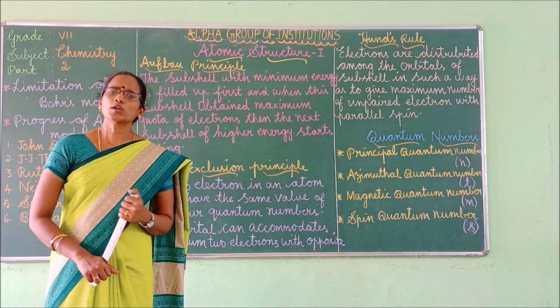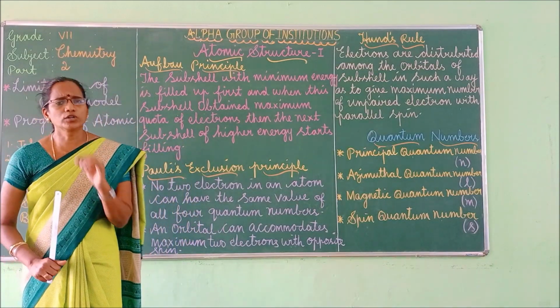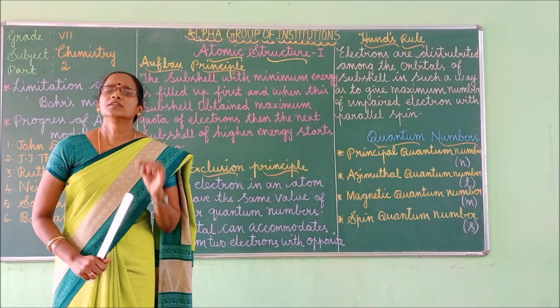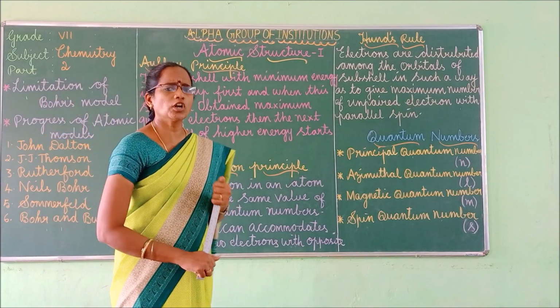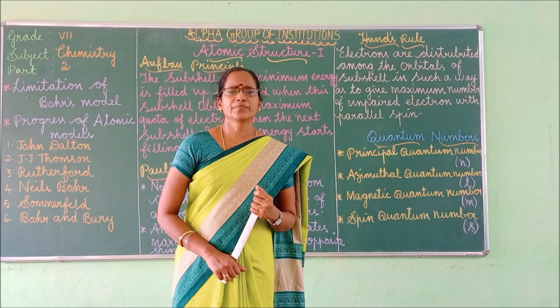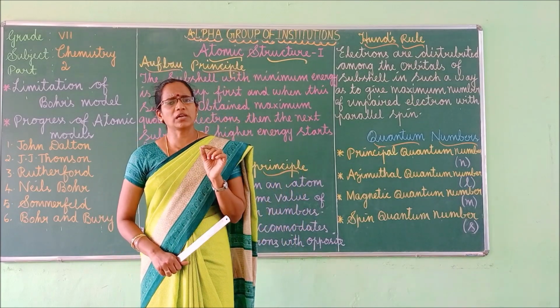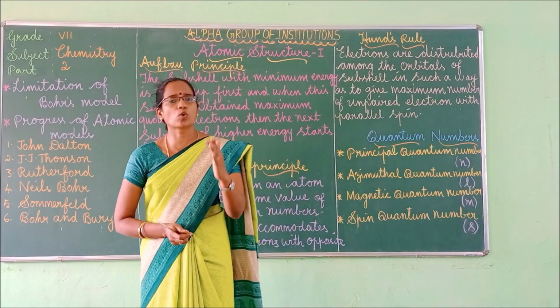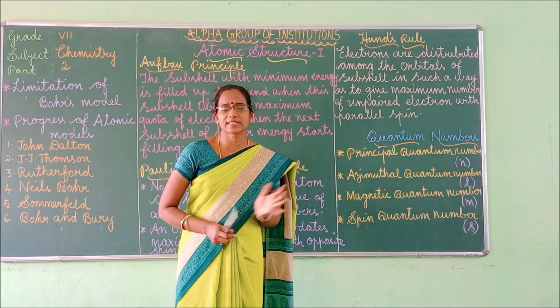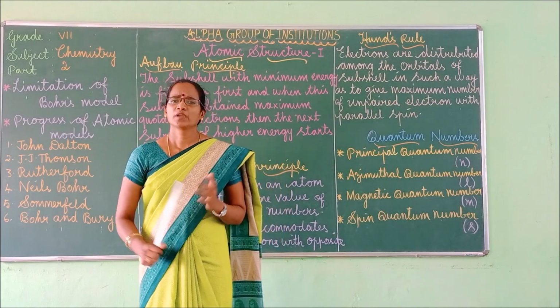Next, Bohr's atomic model could not explain the spectrum of atoms when two spectral lines are very close to each other. This is also one of the weakness points of Bohr's atomic model, right?